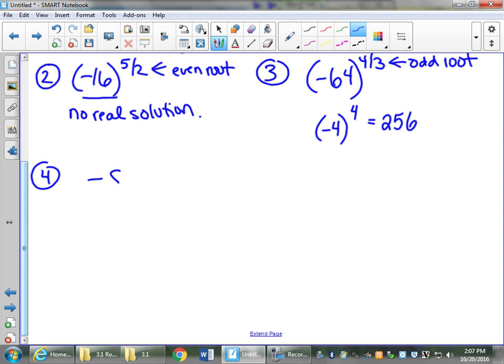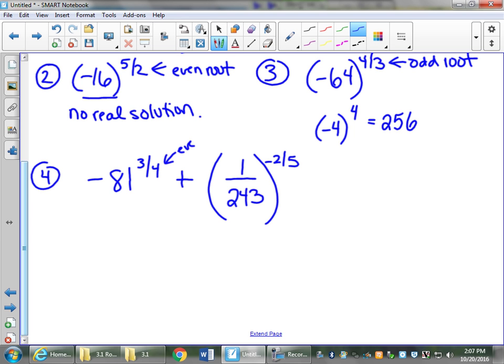Next one, and then we're going to talk about the difference with number 4 compared to number 2 as well. Okay. Now with number 4, I just finished saying that you can't take the even root of a negative base. And if you look here, I have an even root, the 4th root is even, and I have a negative base.